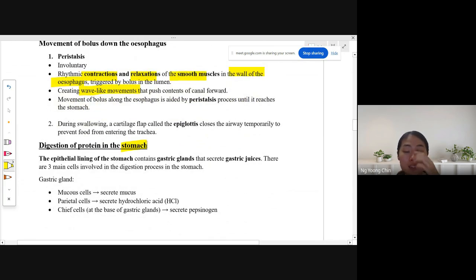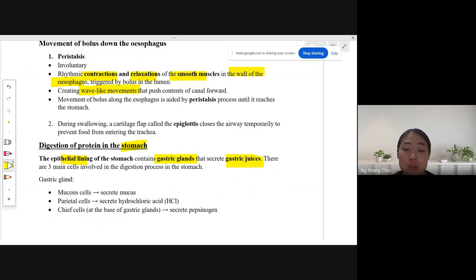Yeah. So now the food has already reached the stomach. In the stomach, protein digestion starts. This is because the stomach lining has gastric glands. These gastric glands help to secrete the gastric juice. You can imagine that gastric juice is very, very sour. Why?